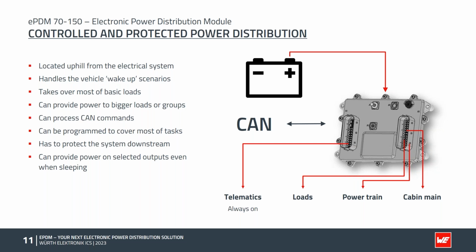The idea with such outputs is to provide a protected energy source to systems like a telematic device, being then able to wake up the ePDM to access some devices within the vehicle to gather information or start some functionalities from a remote location. Would it be nice to be able to locate one single machine on a parking lot full of dozens of identical machines by just activating the warnings?